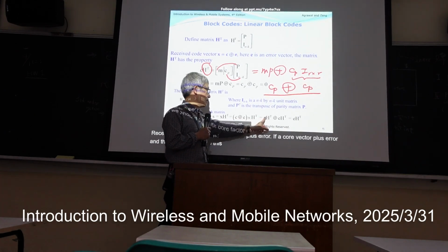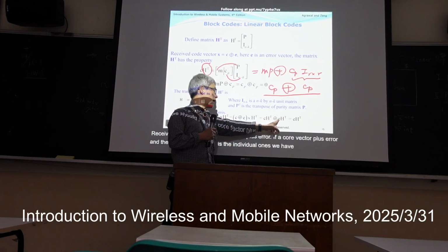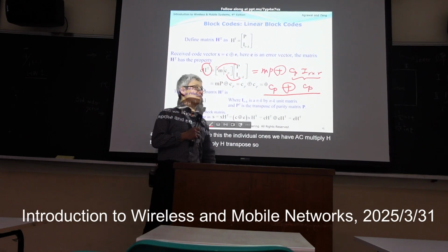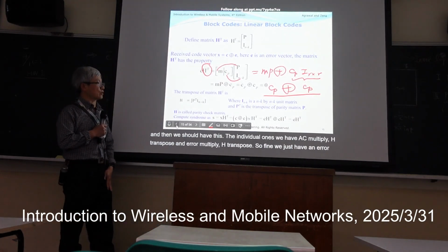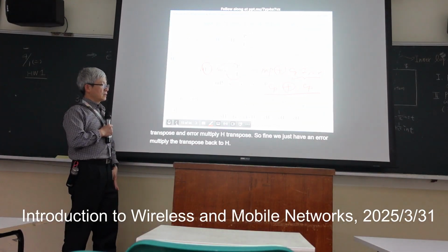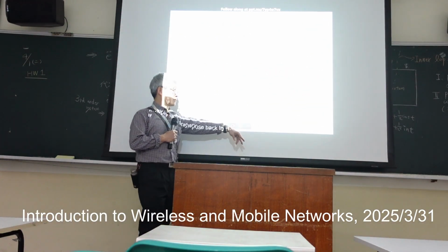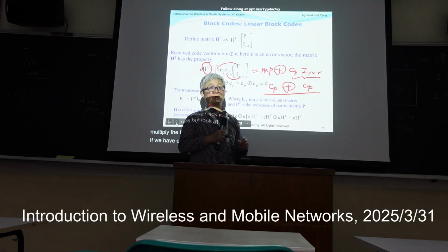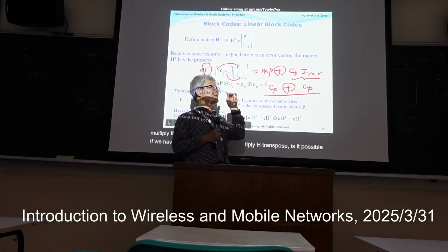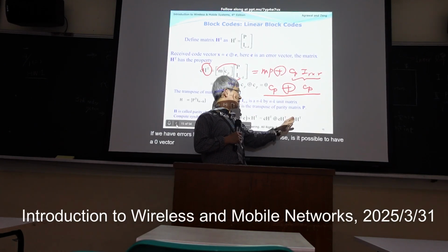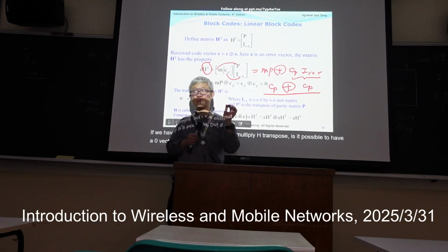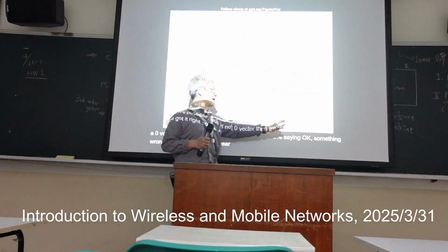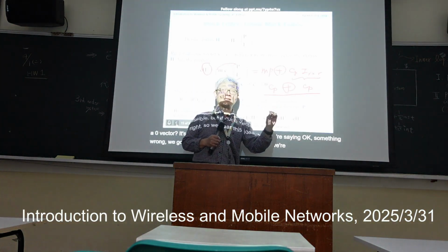So we have C multiplied by H transpose and the error multiplied by H transpose. Since C times H transpose is zero, we just have the error multiplied by the transpose of H. Therefore, we have the error. But look at this: E multiplied by H transpose. Is it possible to have a zero vector? It's possible. But if it is not a zero vector, then we think something is wrong. We got it, right? So here is the idea: if it is not a null vector, then we got something wrong.